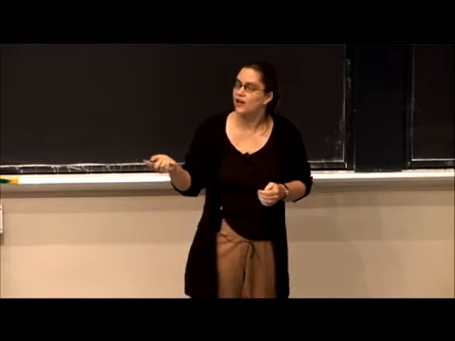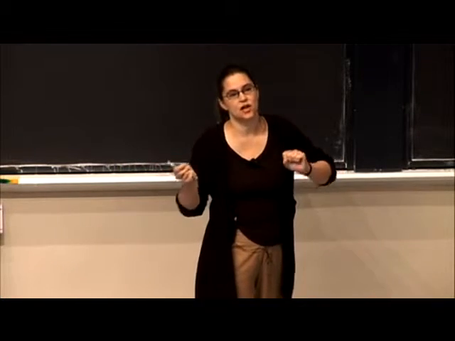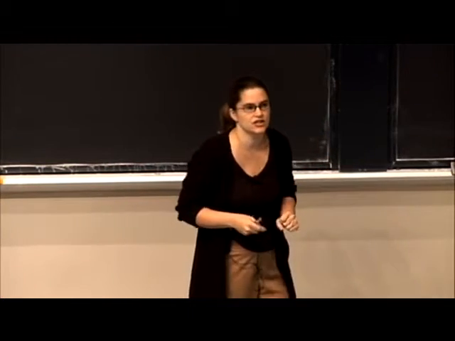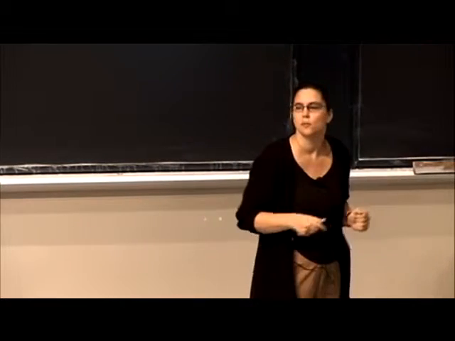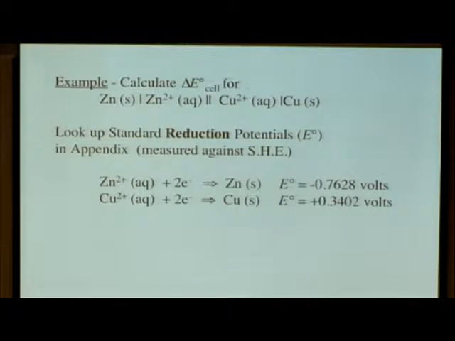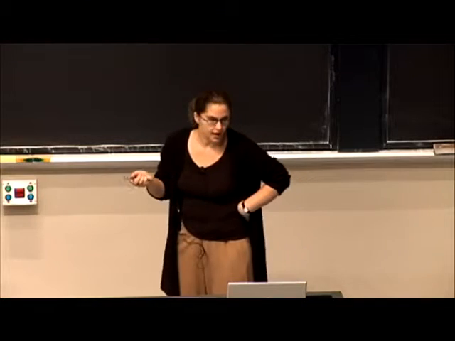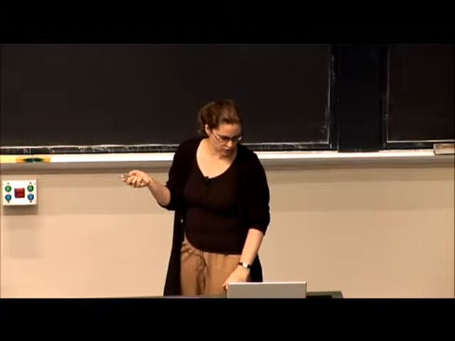We can look up the values, and they're all going to be listed as reduction reactions because they are standard reduction potentials. If you're looking for ones written as oxidation, you'll be out of luck. So here, written as a reduction, zinc plus 2 electrons to zinc solid, copper plus 2 electrons to copper solid, and you can look up those standard reduction potentials.